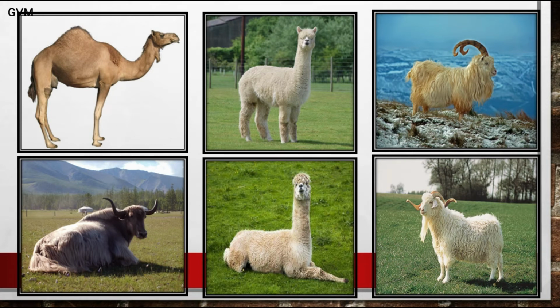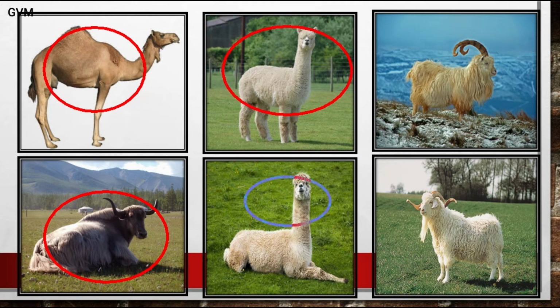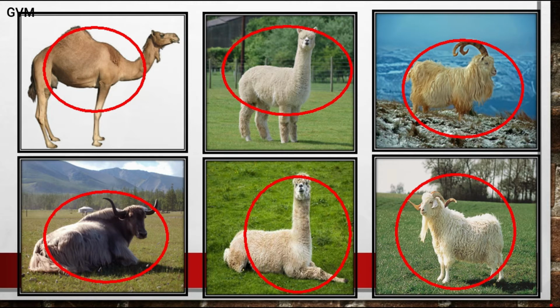This one is the camel that you learned in the previous slide, this one is the yak, this one is the alpaca, this one is the llama, this one is the Kashmiri goat from which the finest quality of pashmina wool is obtained, and this one is the Angora goat from which the Angora wool is obtained. So students, these are the major animals from where we basically get wool.